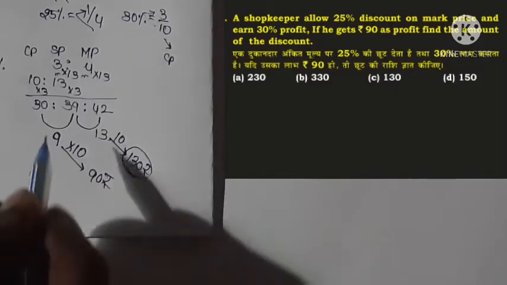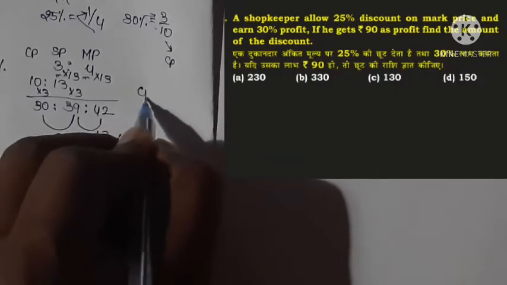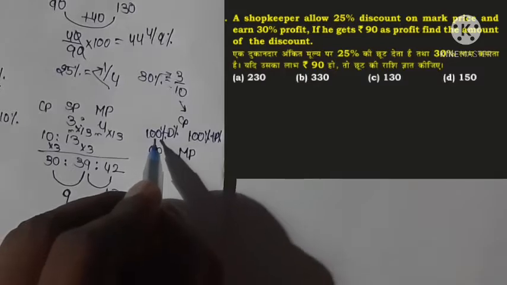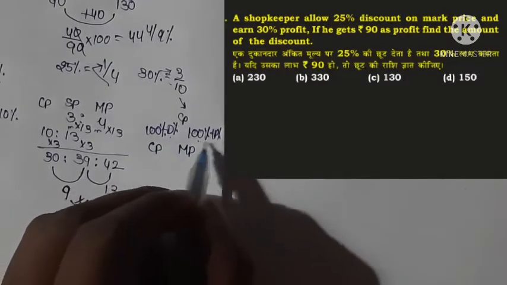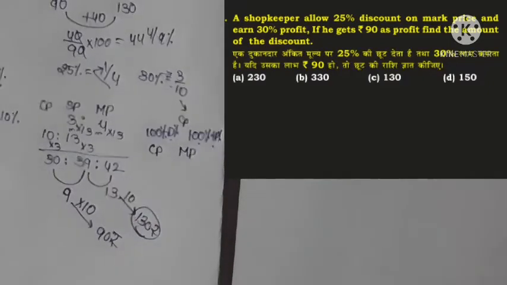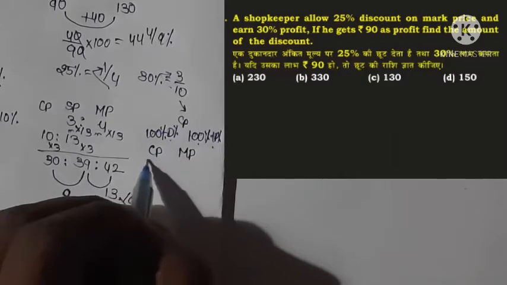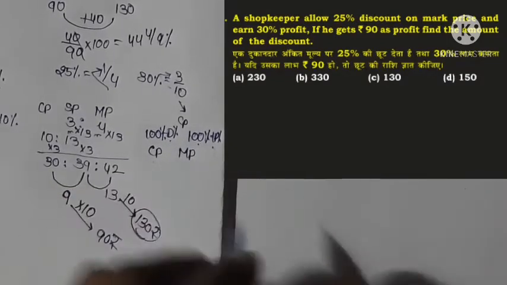So we cannot solve this problem by using the formula for cost price and market price. The cost price is 100% minus discount percentage, and the market price is 100% plus profit percentage. So we cannot solve this problem by using this formula.